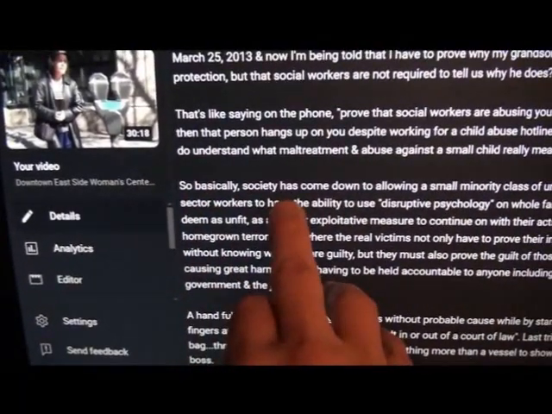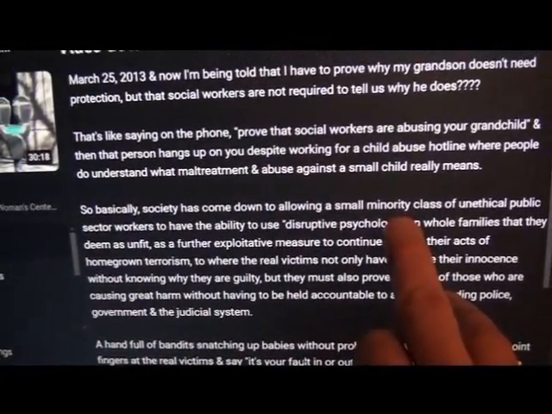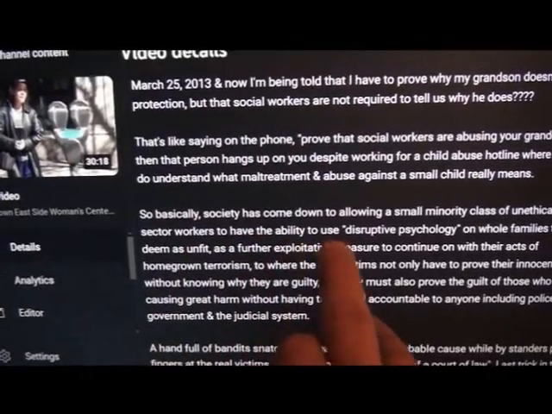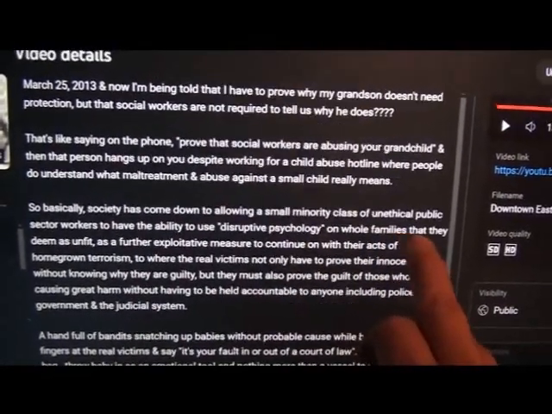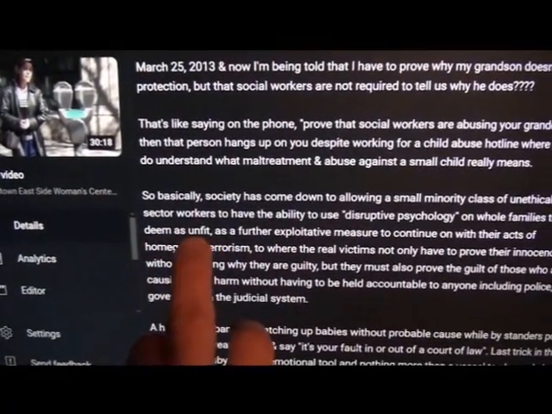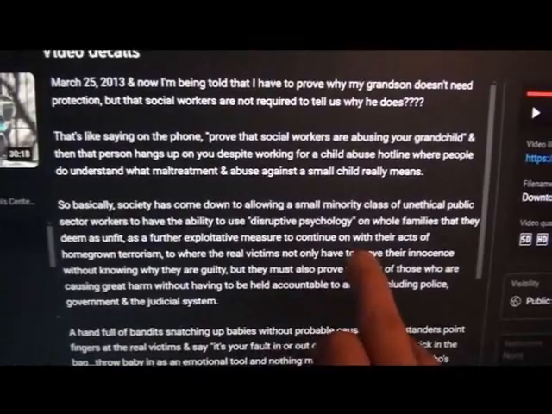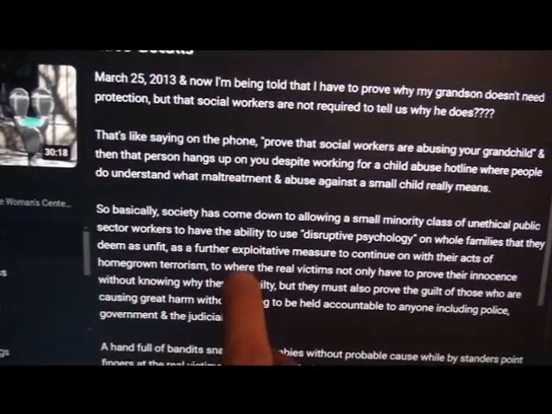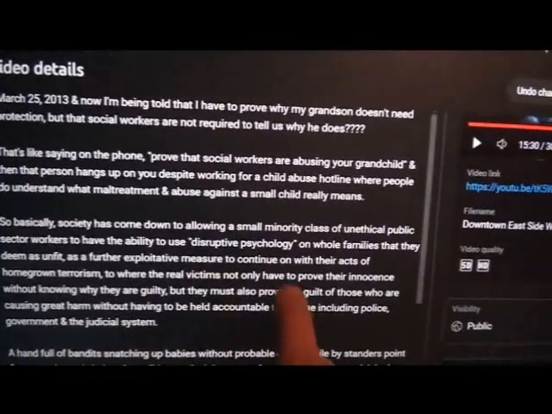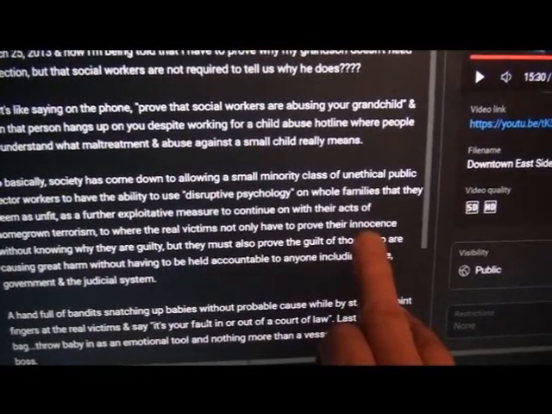All right. So basically society has come down to allowing a small minority class of unethical public sector workers to have the ability to use disruptive psychology on whole families, okay, that they deem as unfit, as a further exploitative measure to continue on with their acts of homegrown terrorism, to where the real victims not only have to prove their innocence, but you don't know what you did wrong because ain't nobody telling you.